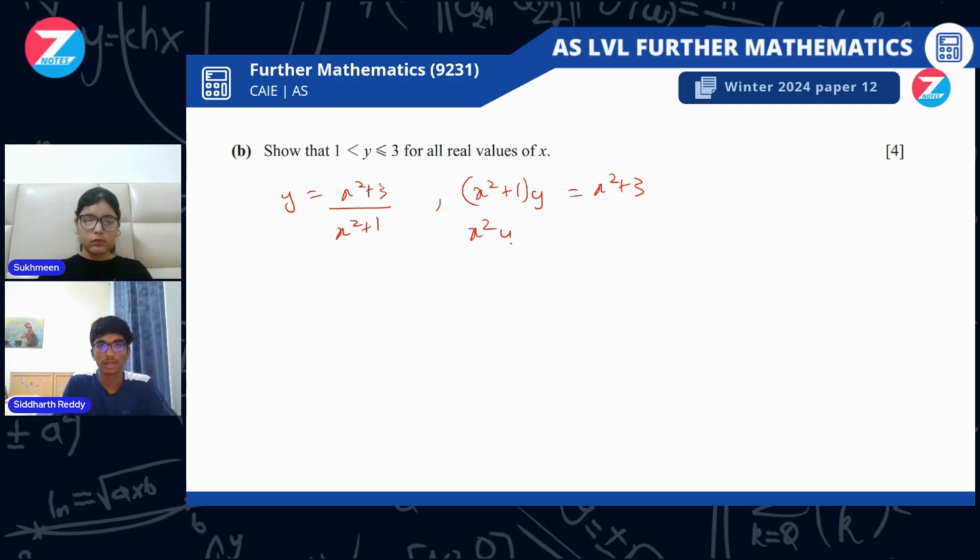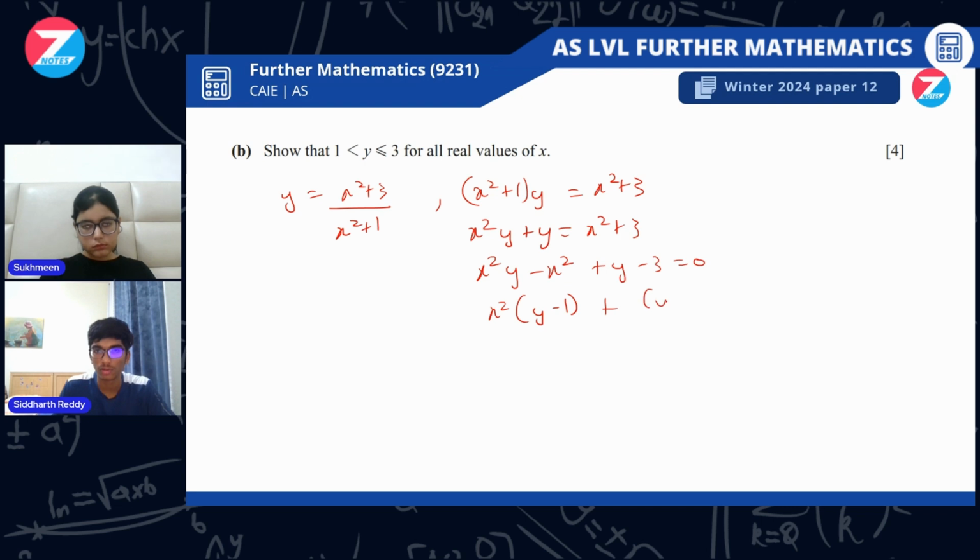So x square y plus y is equal to x square plus 3. And x square y minus x square plus y minus 3 is equal to 0. Factoring out x square, we have x square into y minus 1 plus y minus 3 is equal to 0.